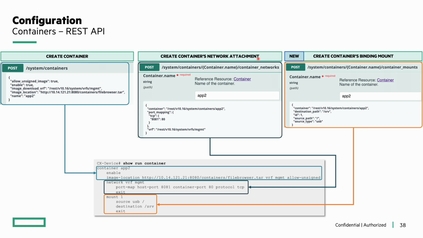With 10.16.1005, since we now have the binding mount and so the persistent storage support, we now have a new API which allows creating a container's binding mount. And so using this kind of payload, we can now create the entire configuration of a container, including the persistent storage.